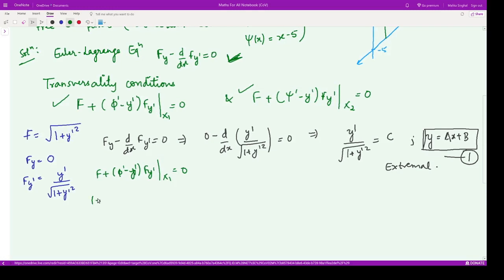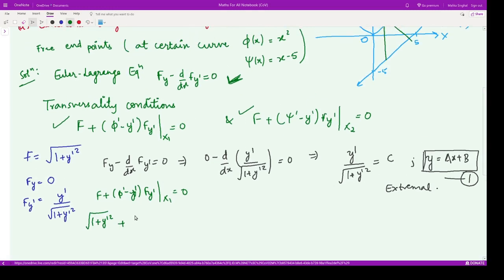F is square root of 1 plus y dash square, plus phi dash. Our phi was x square, so phi dash would be 2x, minus y dash as it is into fy dash. Fy dash is y dash divided by square root of 1 plus y dash square, at the point x1 is equal to 0. So let us solve this.